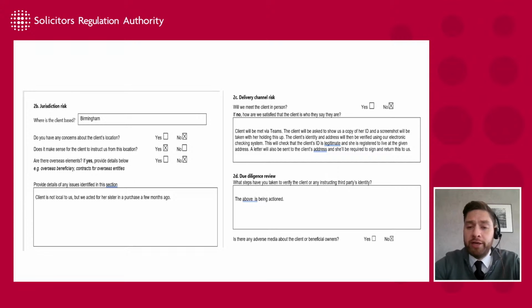In ordinary circumstances, it may be considered a red flag to be instructed by a client who's not based within the local area. However, in this example, we've recorded our rationale around why we feel it's not a risk. Also, under delivery channel risk, we've recorded the measures we plan to take to mitigate the risk of not meeting the client face to face, and the measures we plan to take to verify their identity.